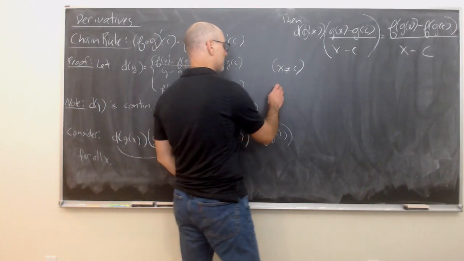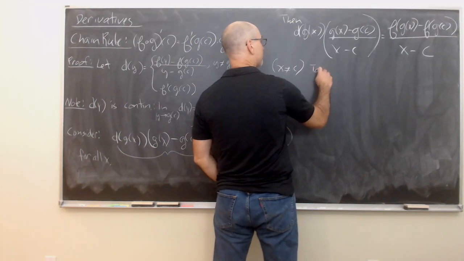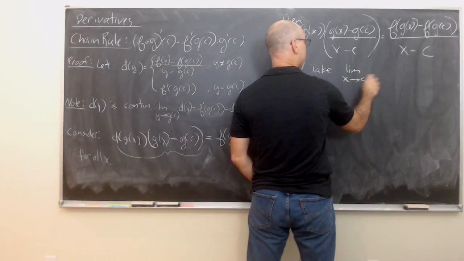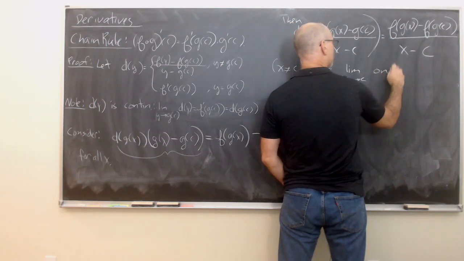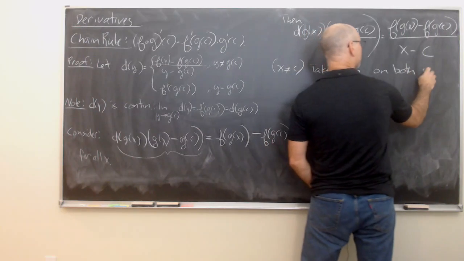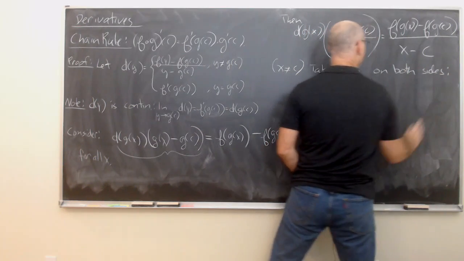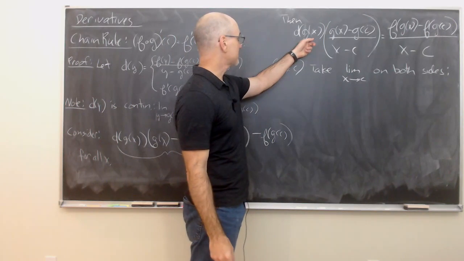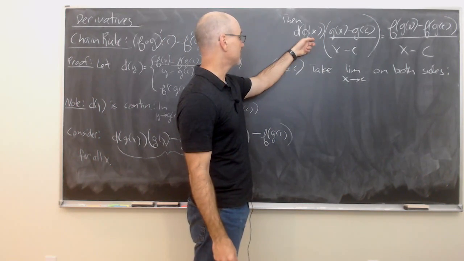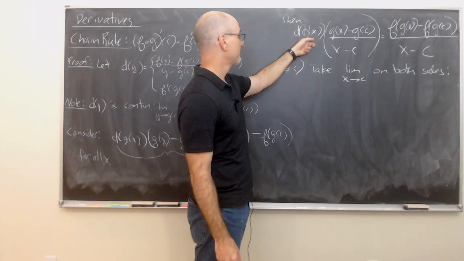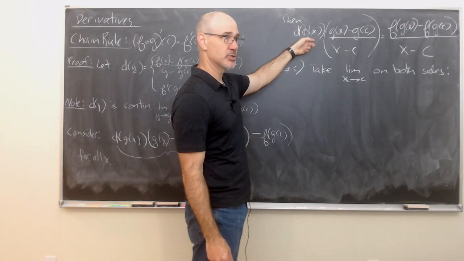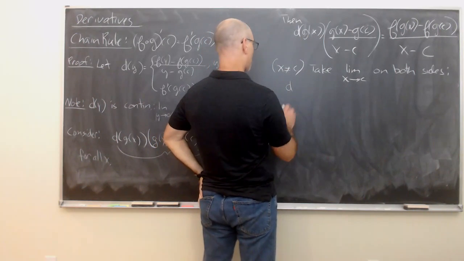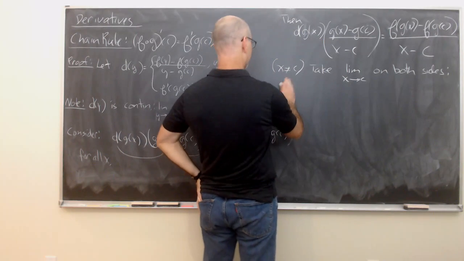So when I take a limit on both sides, well, d of g of x approaches then d of g of c, and because we already showed the continuity of d there, I get exactly f prime of g of c.